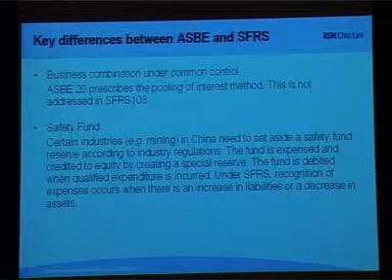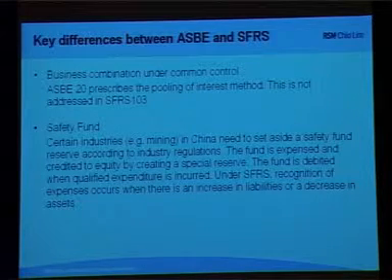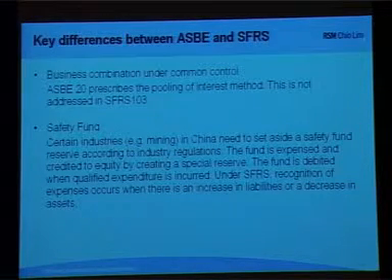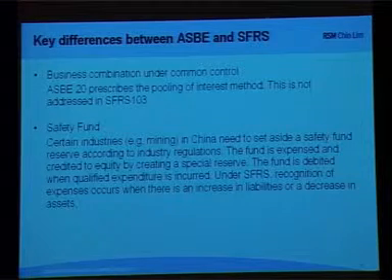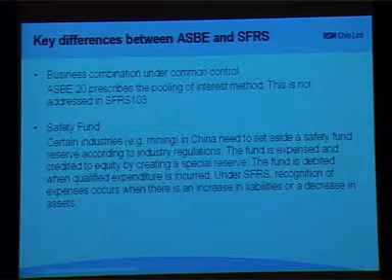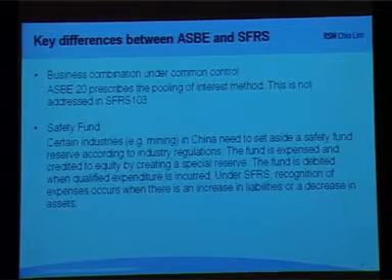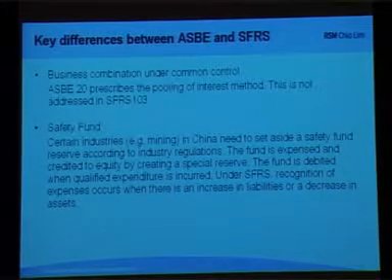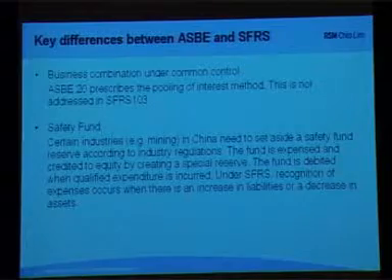What about business combination under common control? In fact, we come across this very often when a company or group of companies wants to go public. Before they go public, usually they are owned individually by maybe the same owners or the same group of shareholders. Coming to business combinations, in China they have a similar situation.